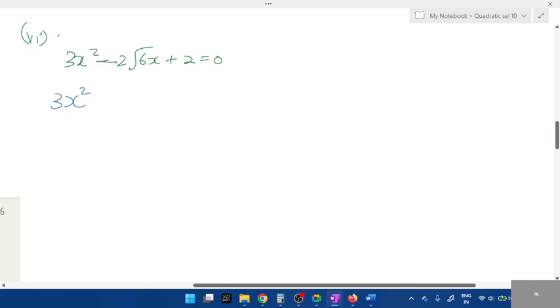See, 3x square minus 2 root 6x plus 2. Whenever the middle value is given in terms of root, minus 2 root 6. Okay, if you take this as sum and product, what's the product value we have? 6x square, right? We have 6x square. Now, this sum, students, you can't split this.